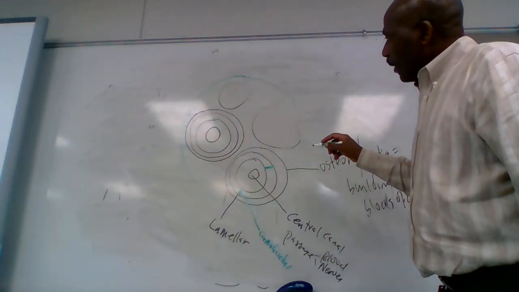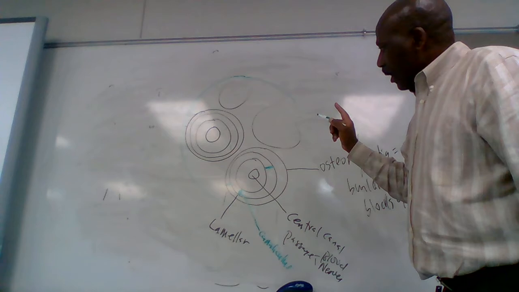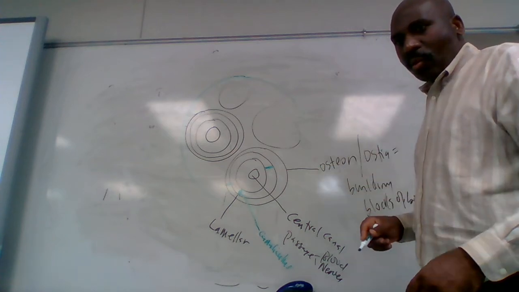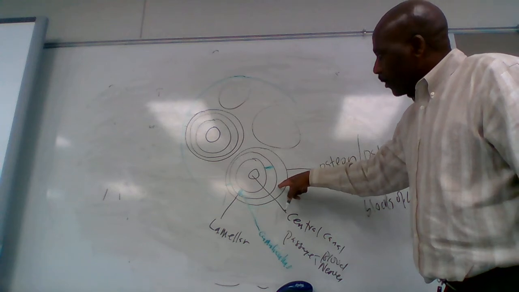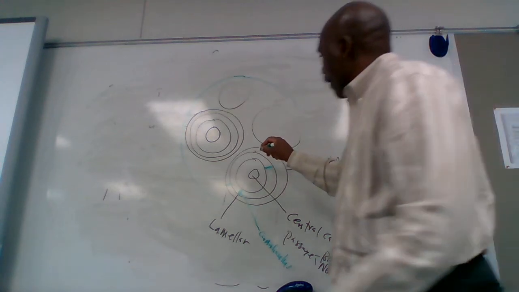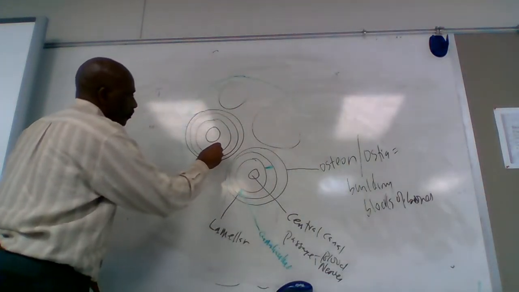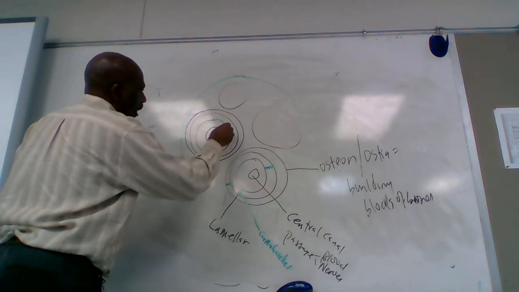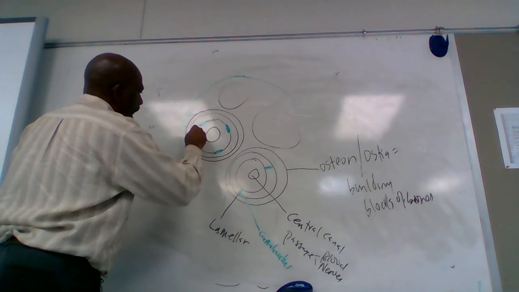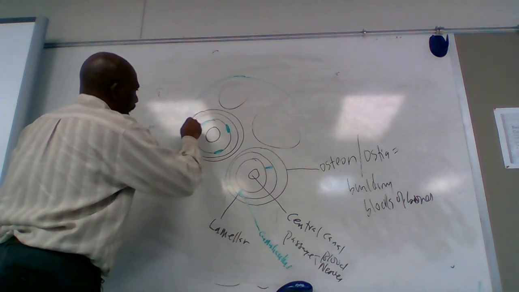Now, if you look at a good diagram, either in your notes or in your textbook, you will see that these concentric rings all have some structures around them.